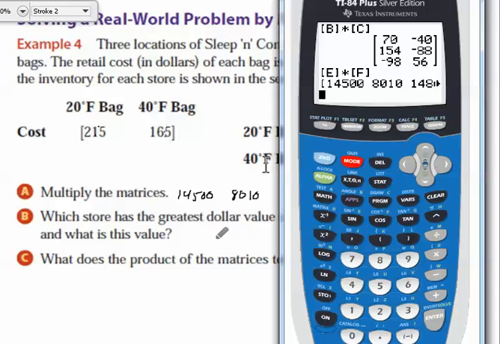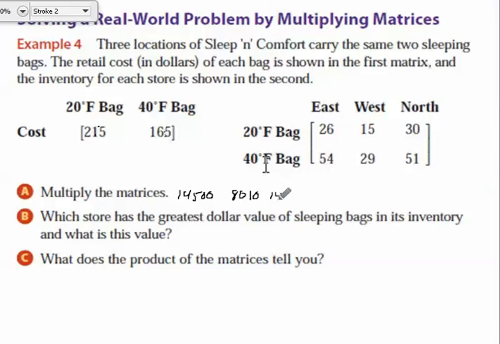So, which store has the greatest dollar value? Well, you know what? If these are the three stores, I got 145, 810, 8010, and 148 something. And it's going to be 0, 0. So it's going to be the North store. And what does the product of the matrices tell you?